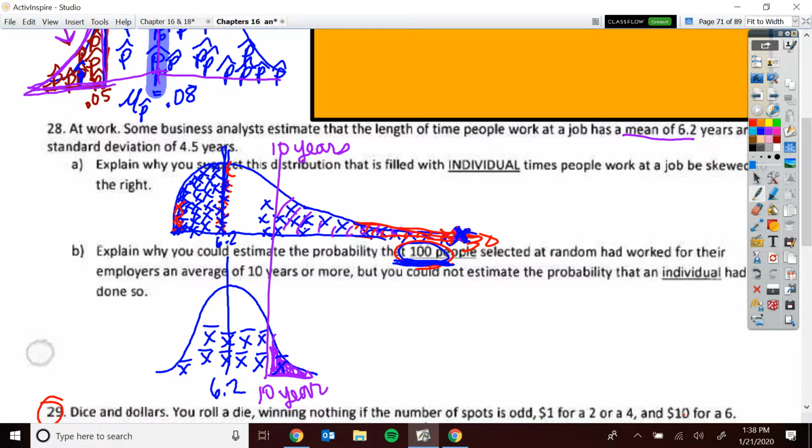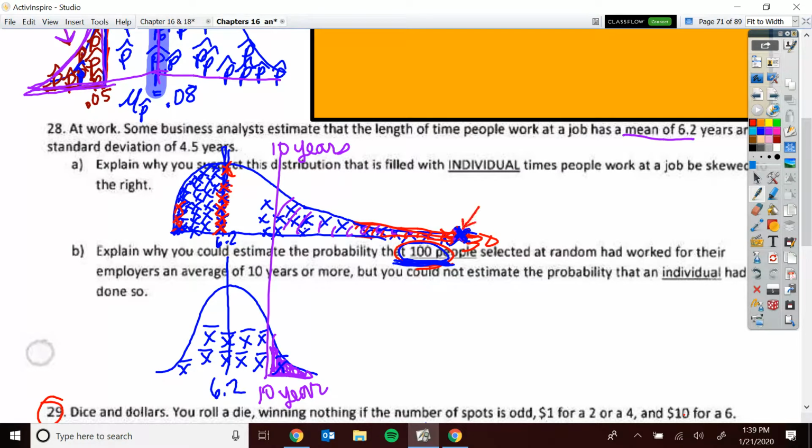Explain why you think the distribution looks like this, filled with individual times. So that means here is one person and how long they were there. Here's a person and how long they were there. I was at my first job about 7 years, my first teaching job, so I was about average, 6.2. However, why do you think that this shape is going to be skewed to the right?